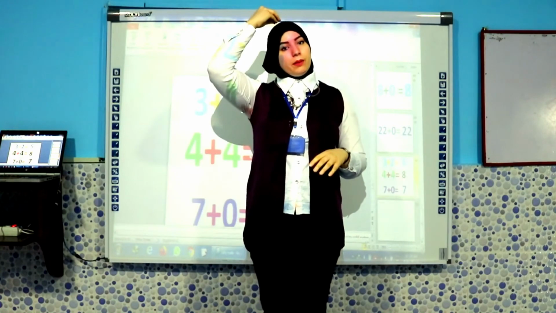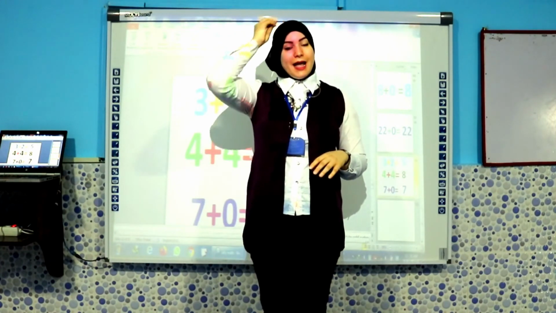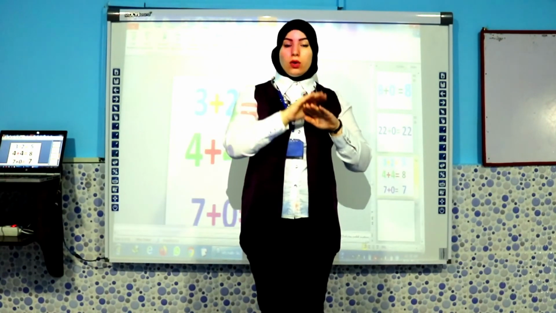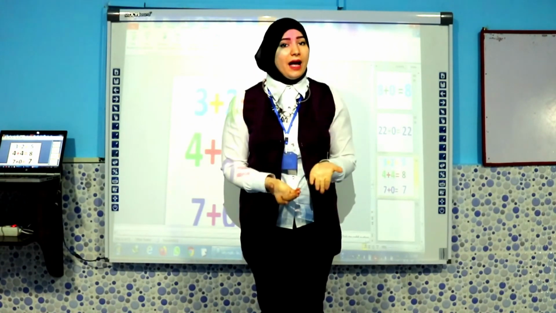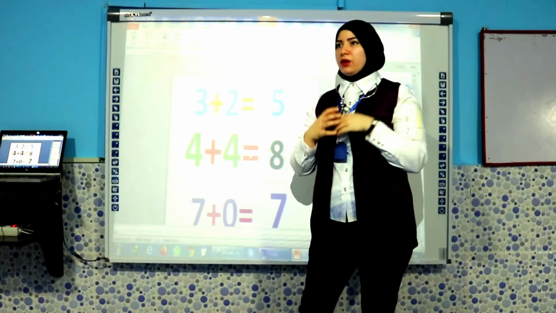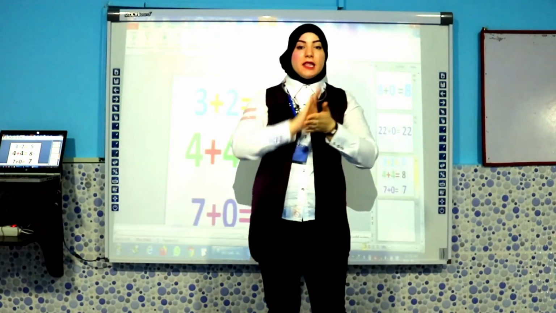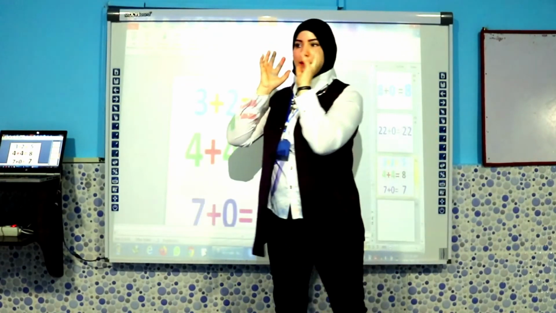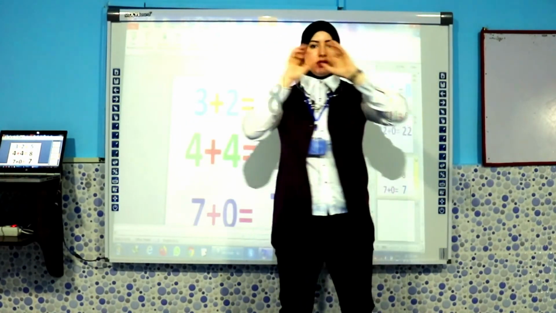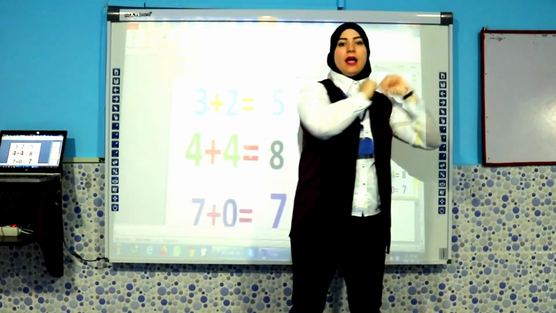I put the bigger number in my mind and the smaller number on my fingers and count after the bigger number. When I have the zero, what am I supposed to do? Anything plus zero gives me the same number. I take my number and get out.